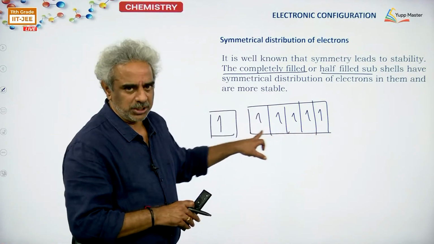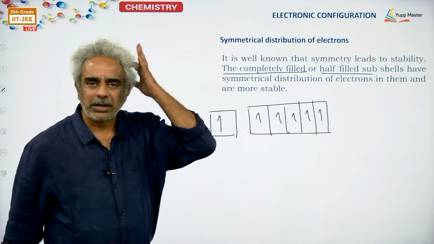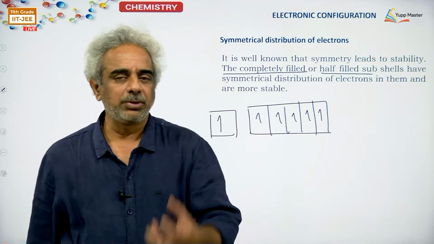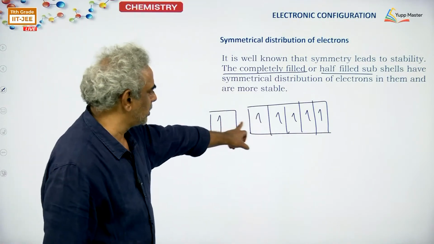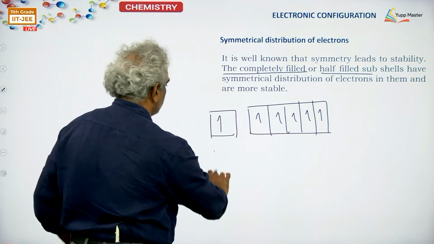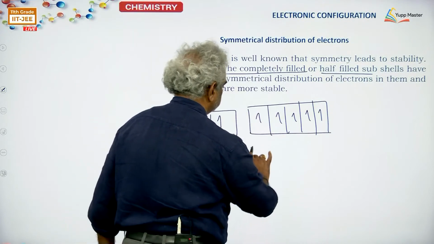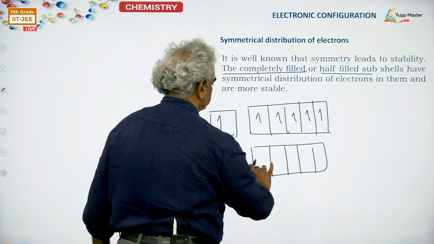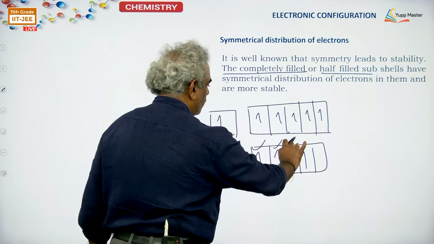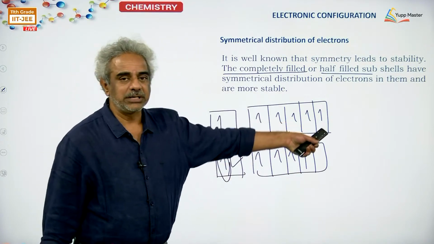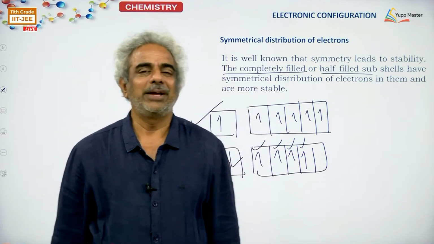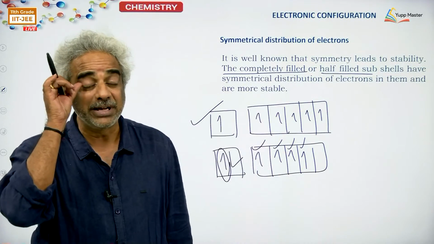Orbitals of close energy, if they have the same parallel spin electrons, they can quickly undergo exchanges. Because of such exchange, the system will be stabilized. How many electrons can show exchange now? 6 electrons are in the exchange phenomenon. If you keep it 4s2 3d4, 1, 2, 3, 4 parallel spin electrons, 1, 2, 3, 4, 5. Here 6 electrons are exchanging, there only 5 electrons are exchanging. So this is the more stable configuration. So like that there will be some anomalous configurations, we will learn it.